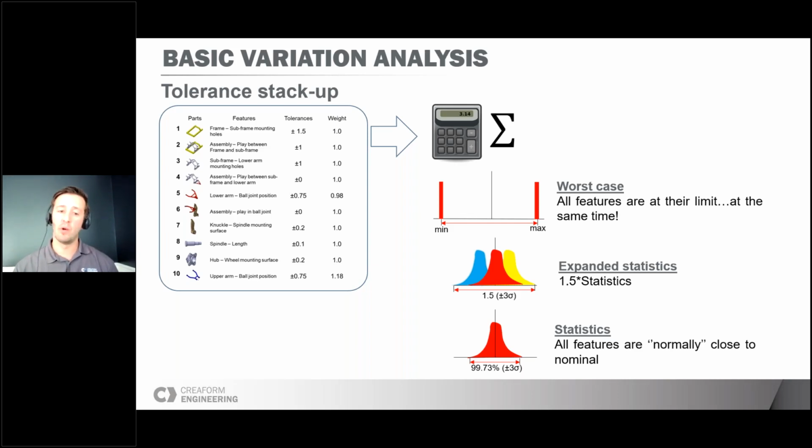So when you do the sum, you have better results than the worst case. But once again, there's a big assumption behind this one, that all your parts are really close to the nominal, which is not true for a lot of processes.